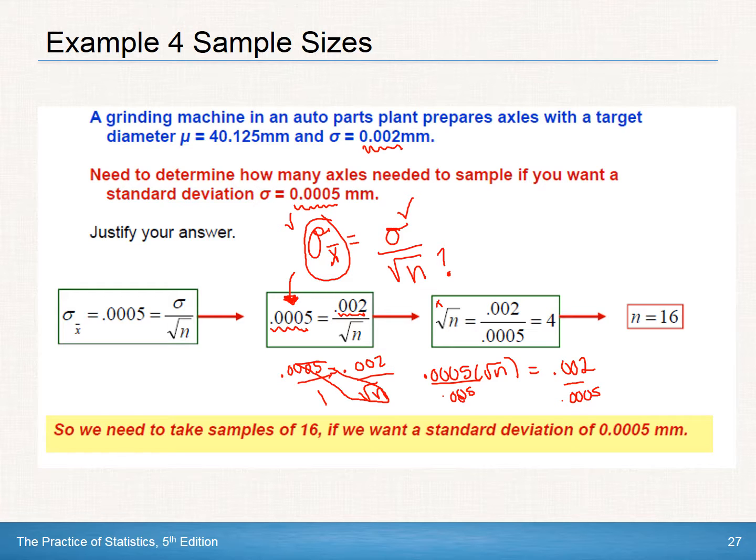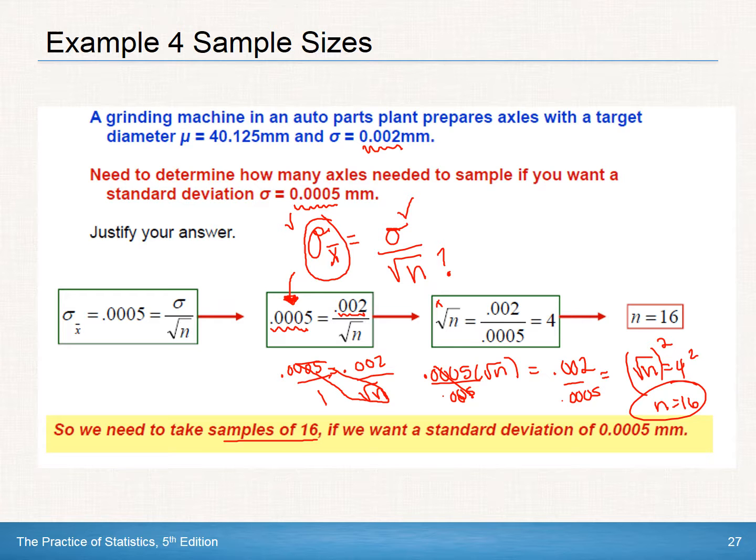Divide both sides by 0.005 to get n alone. Okay, that cancels out on this side. However, you get the square root of n is equal to 4. Remember, to simplify that, you have to square both sides, and then you get n is equal to 16.